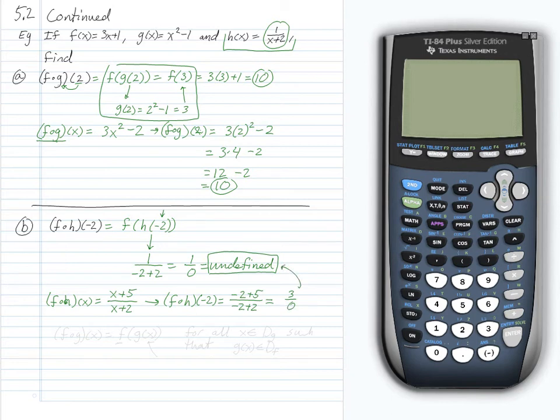So this goes back to a subtle little piece of information associated with that definition. Review that in the notes.